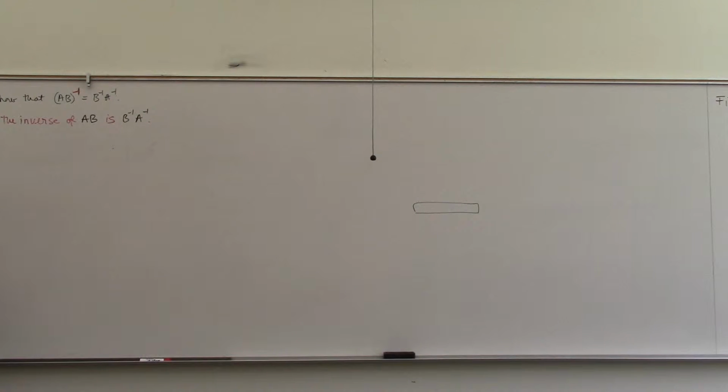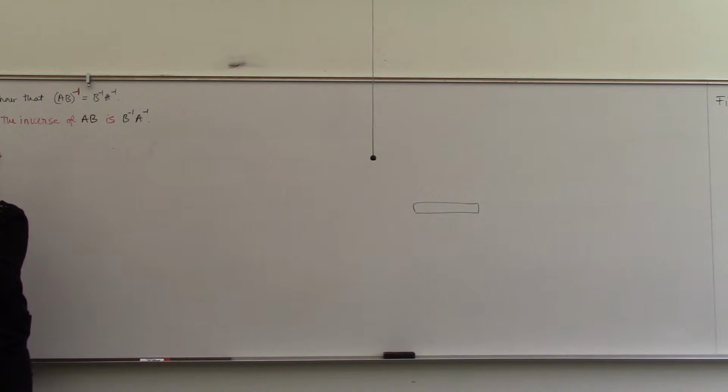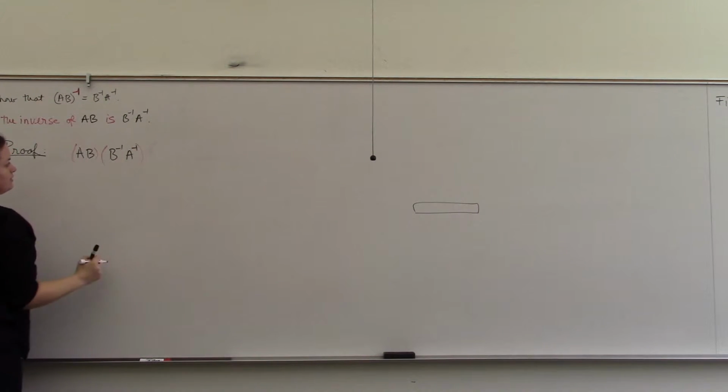So we have to multiply them both ways, right? Just to make sure. So we must show that this times this equals the identity, and if you multiply them the other way around, it also equals the identity. Okay, so let's multiply. Let's see, AB times B inverse, A inverse.